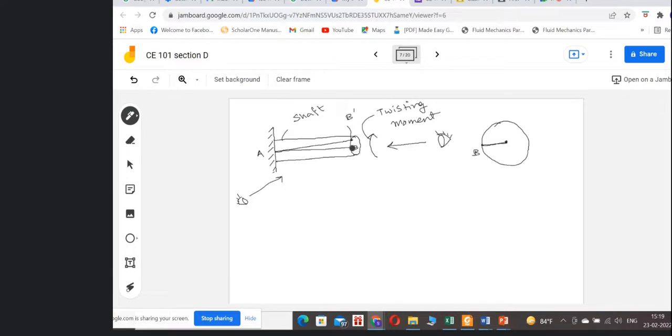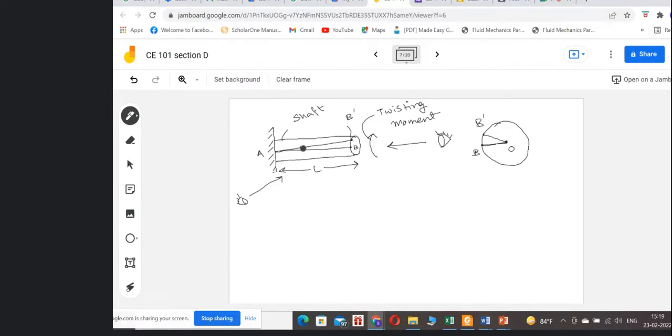Now the point has changed to some new position B dash. So here also the effect of that change will come. Say the new position is, as written here, B dash. Say the center of this shaft, or the axis of the shaft, is O. And L is the total length of the shaft.